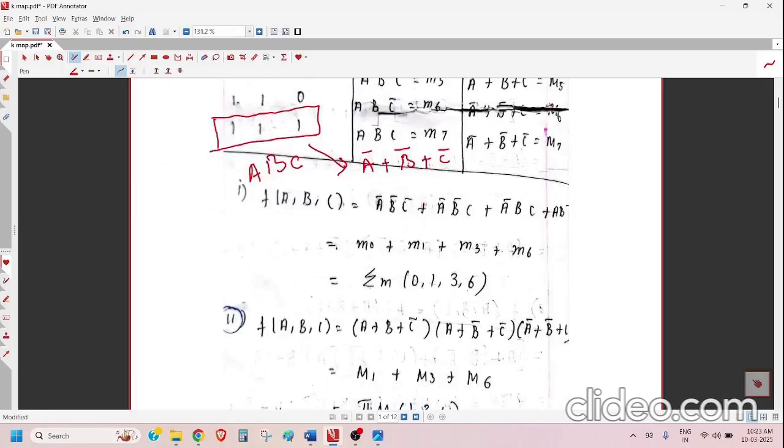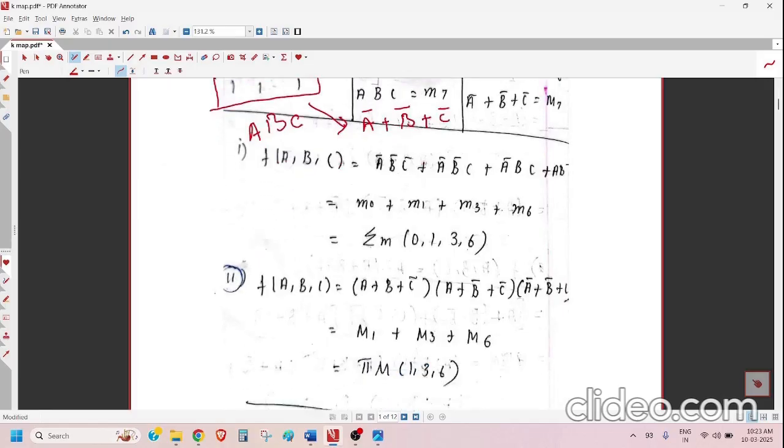For example, they give one simple function, that is F of A, B, C is equal to A bar B bar C bar plus A bar B bar C plus A bar B C plus A B C bar. If they ask a sum like this, it is very simple.